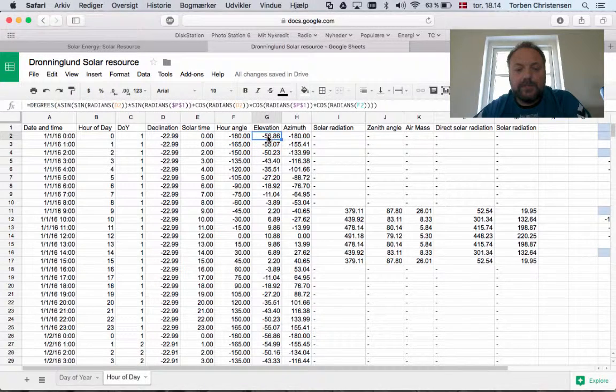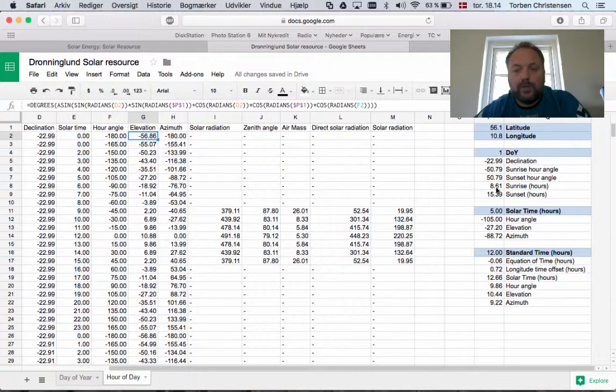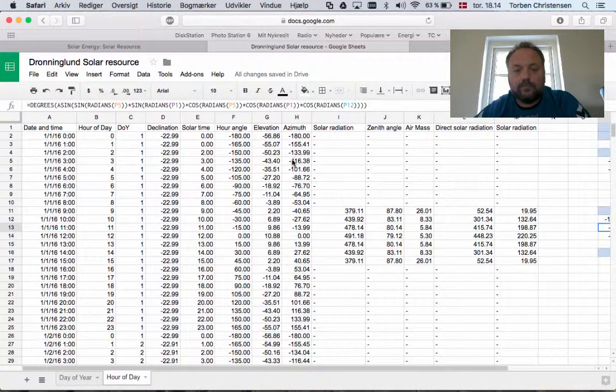Then elevation, I've got copied the formula for elevation over here, and of course linked to the right cells here. And also I've got azimuth calculation.